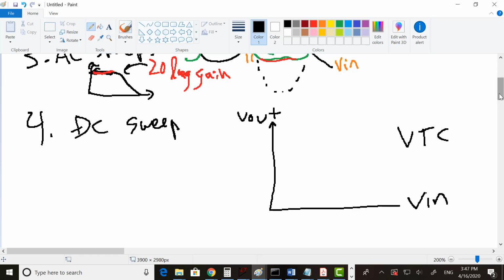But there's a problem here, because your V in is going through a capacitor to your amplifier, and DC sweeps are actually giving DC voltages. And what happens to a capacitor when you have a DC input?